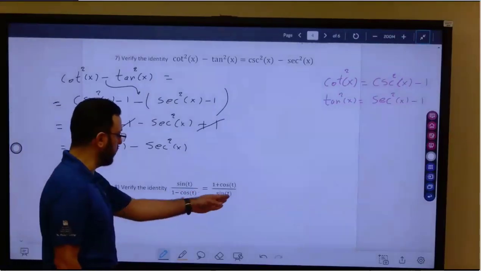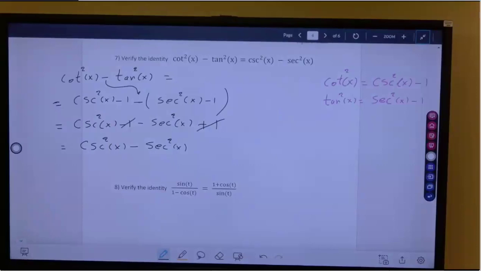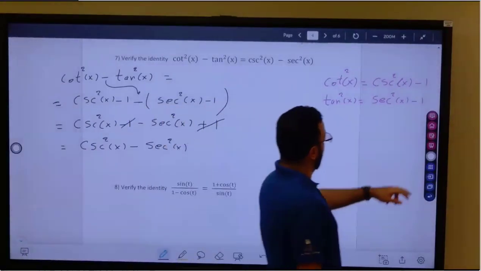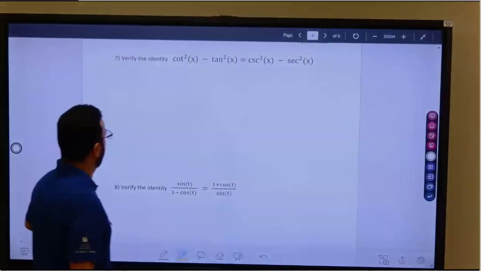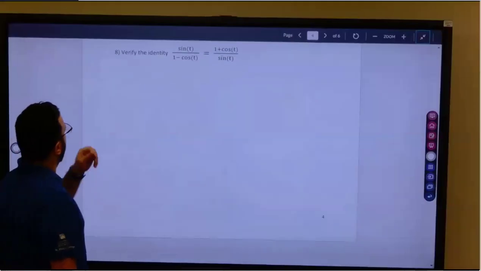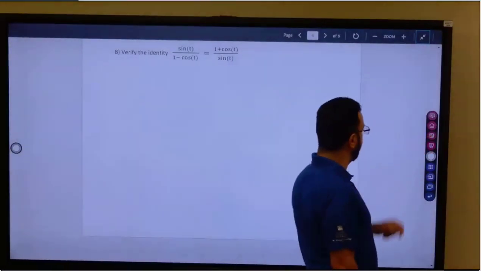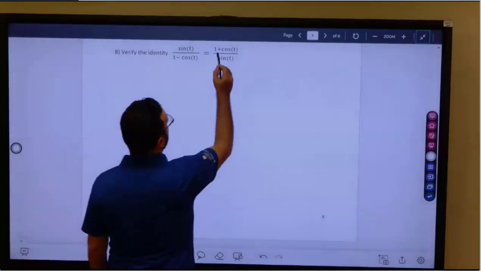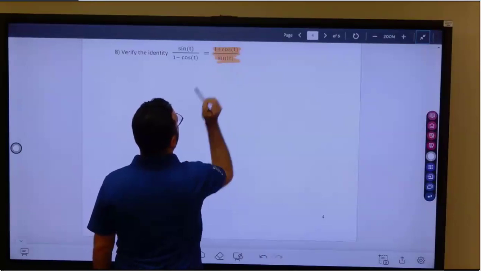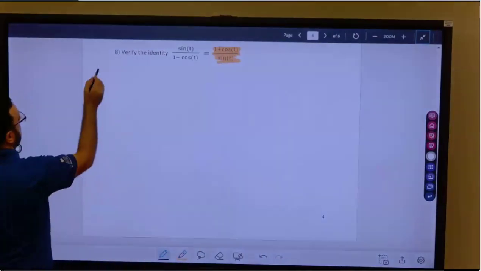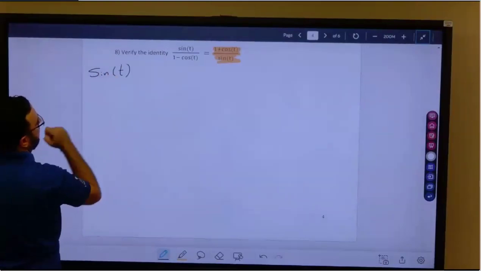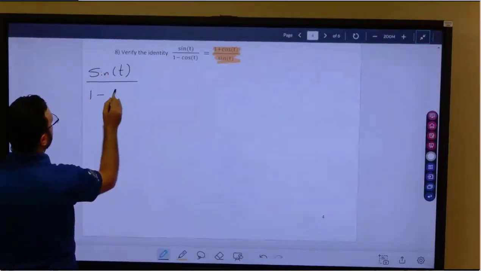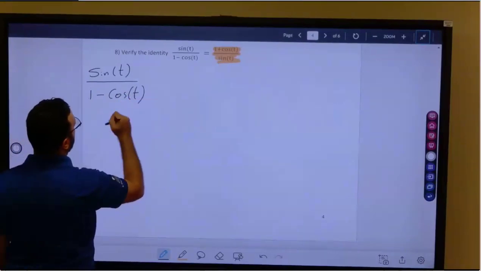We need to put this side equal to the other side. Let's check how we're going to solve this one. Problem number 8, verify the identity. So we need to put this side equal to this side. Let's take sine t over 1 minus cosine t.